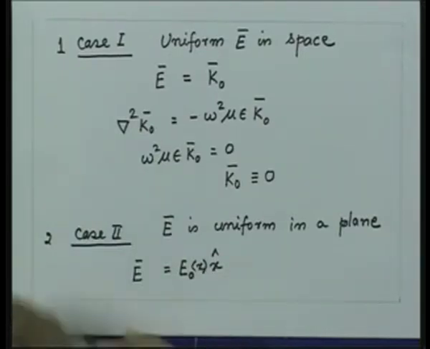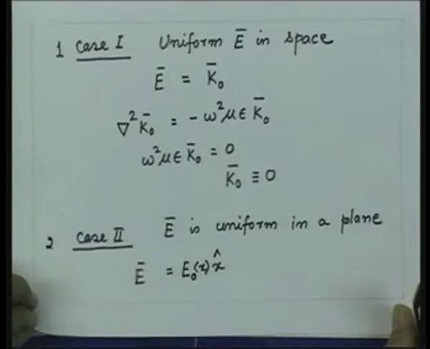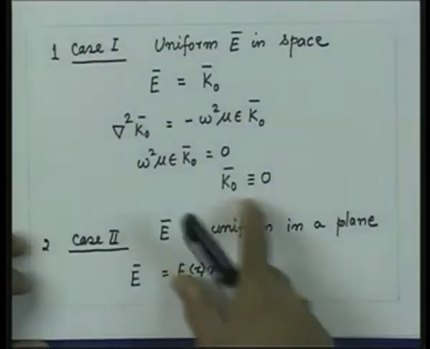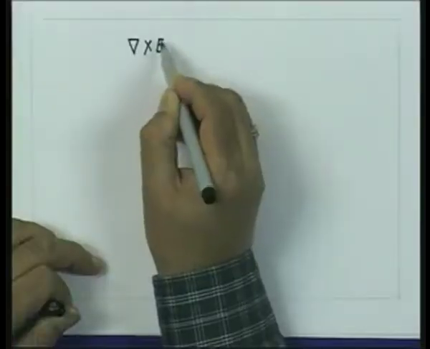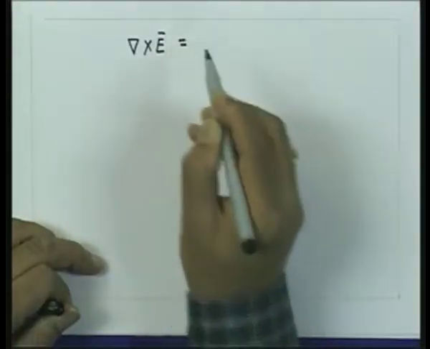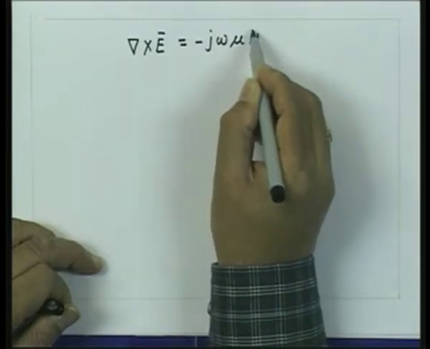So, electric field is oriented in x direction and we are assuming it is varying in x direction. If this field is a solution of the Maxwell's equations, it should be consistent with the Maxwell's equations. So, we can take any of the Maxwell's equations and substitute this electric field in that. So, let us consider the equation del cross E equal to minus j omega mu into H.